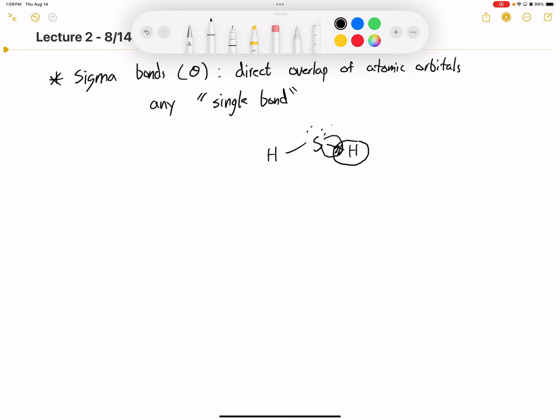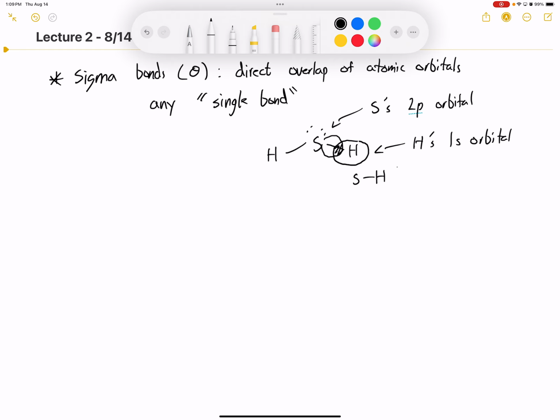So here we can say there's overlap between sulfur's 2p orbital and hydrogen's 1s orbital. So we have an SH bond here.